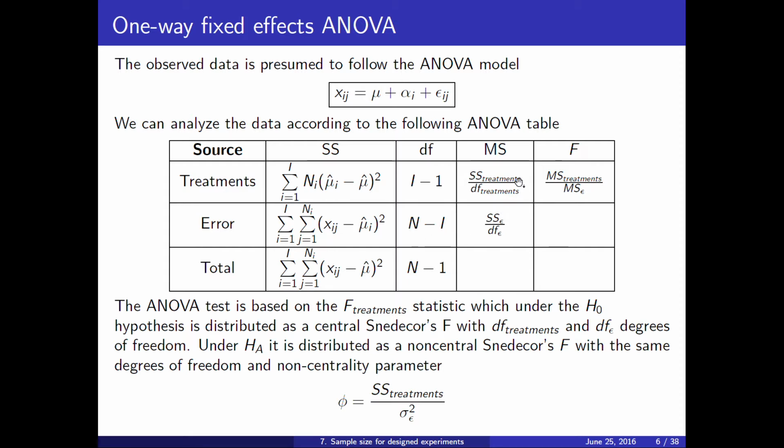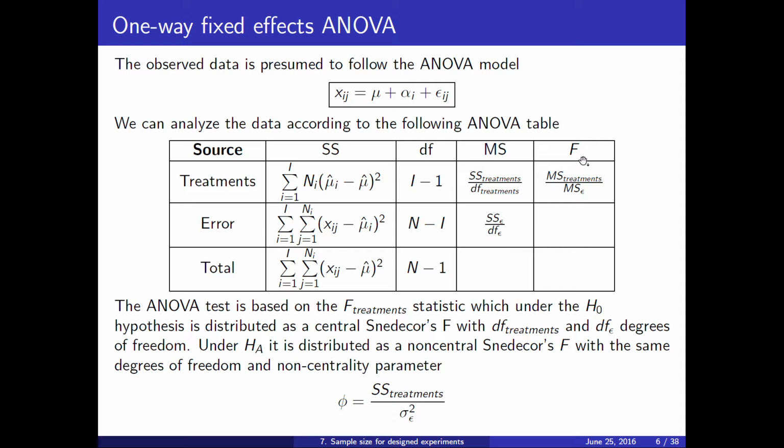So we will divide the sum of squares by the number of degrees of freedom. So we will have the sum of squares of the treatments divided by the degrees of freedom of the treatments, and for the error we will have the sum of squares of the residuals divided by the degrees of freedom of the residuals. These two are called the mean squares.